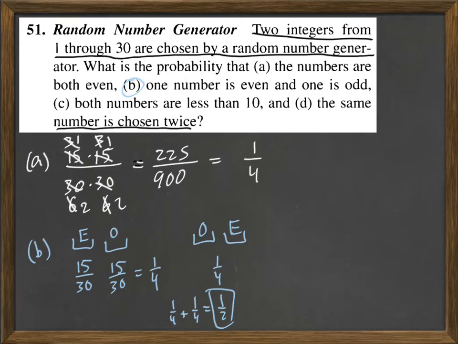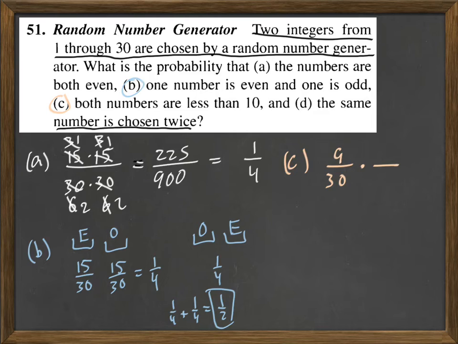Let's go to the third one, letter C. Letter C says both numbers are less than 10. So there's 30 different outcomes for the first event, and we have 9 numbers that are less than 10 in this option.